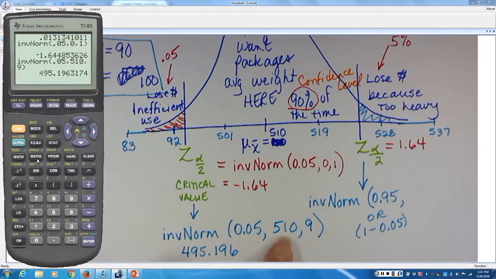And then the mean of the curve is 510. And the standard deviation is 9. And rather than having to go through the Z-score, we'll actually have the upper package limit.